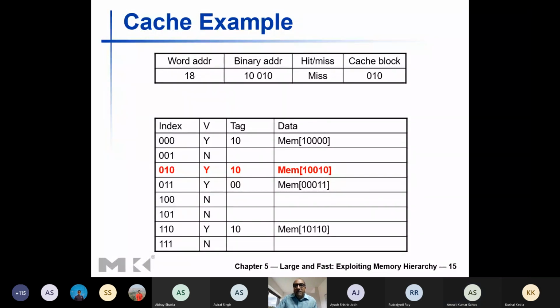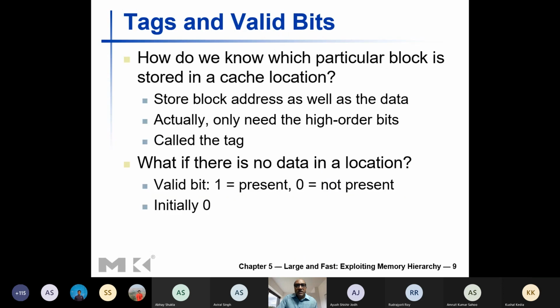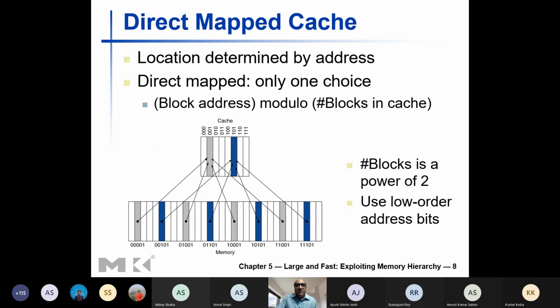And for that, there is the mapping between the contents present in the main memory and the cache memory. There are various techniques. In the last class we discussed one of the simpler ones, known as direct mapped cache, with an example.